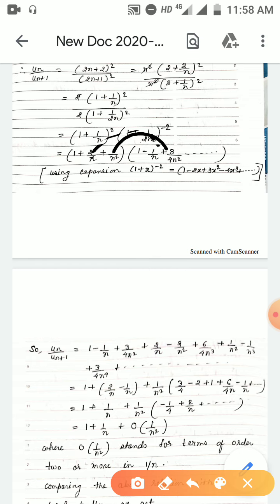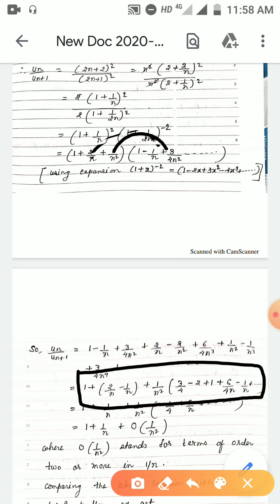Arranging the terms, the constant terms, the terms containing 1/n, then the terms containing 1/n² and so on, we will get this step: 1 + (2/n − 1/n) + (1/n²)(3/4 − 2 + 1) + (6/4n − 1/n) and so on.